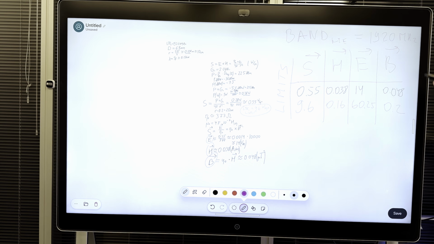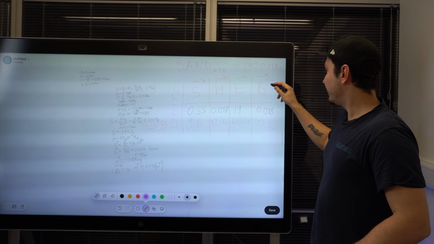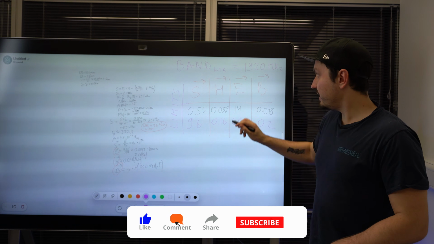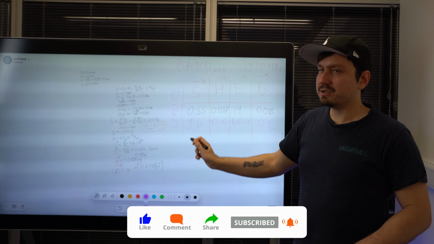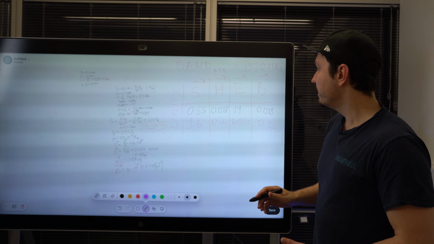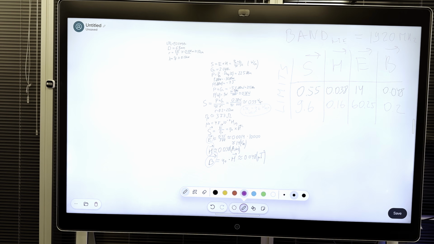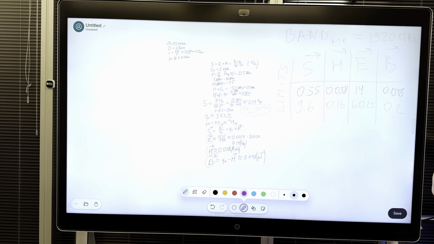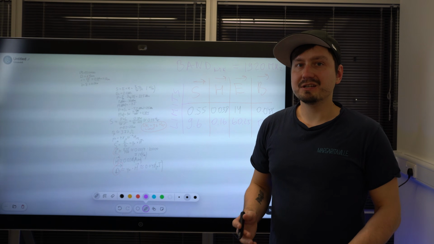And finally, we also have a limit for the magnetic flux density equal to 0.2. So all those limits are frequency dependent, as you can see, so you also need to calculate them. And as you can see, we were significantly below all of our limits, and we passed this assessment successfully.